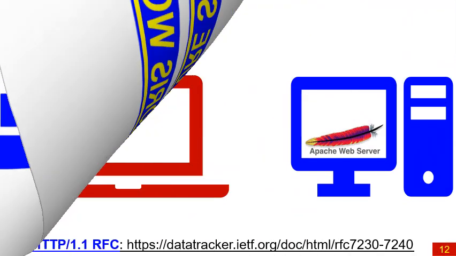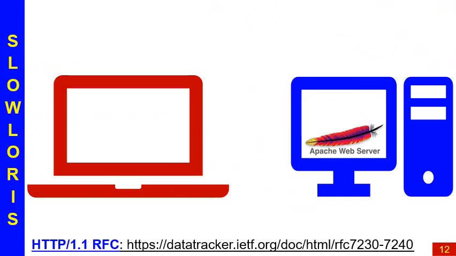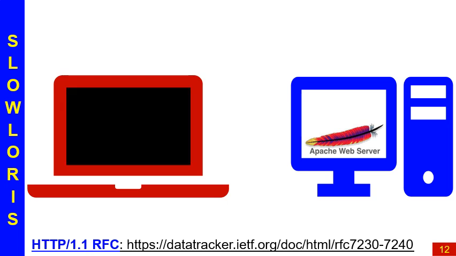Now let us understand the working of the slow low-rate attack. In our example here, the blue server on the right is the benign web server and the maroon laptop on the left is an attacker. Now let's understand how easy it is for a slow low-rate attacker to take down the Apache web server.